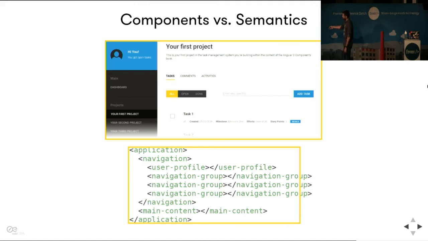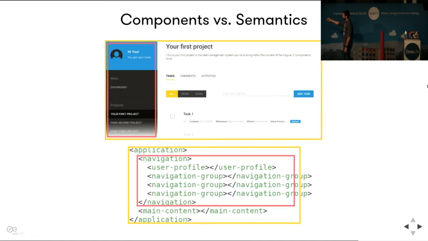So if we look at the semantics here, we have an application, and then we have a navigation on the left, and inside of the navigation we have navigation group components. So this is semantically probably right. This path is semantically correct, if you ask me, right? We have an application, a navigation group, so there is not a big gap or anything like this.